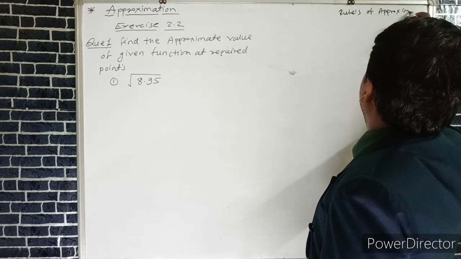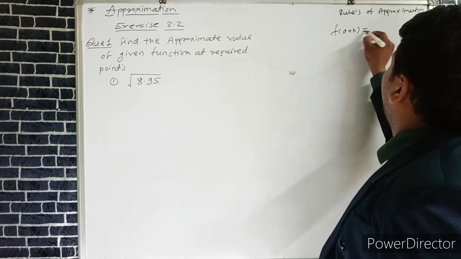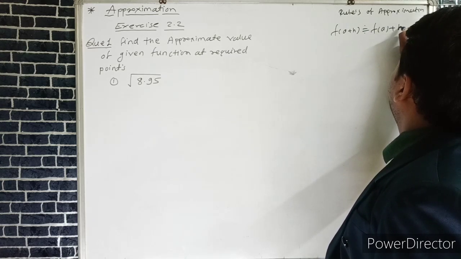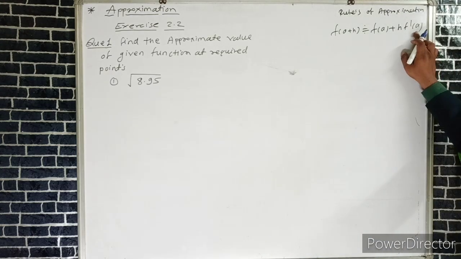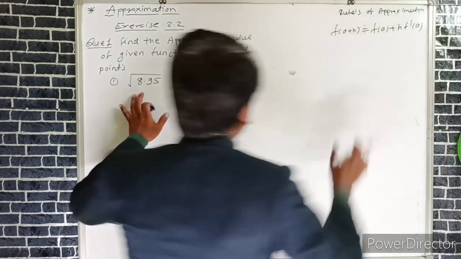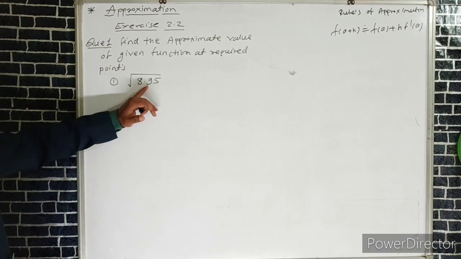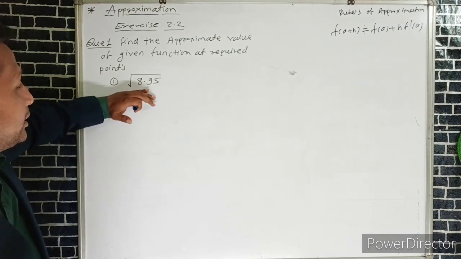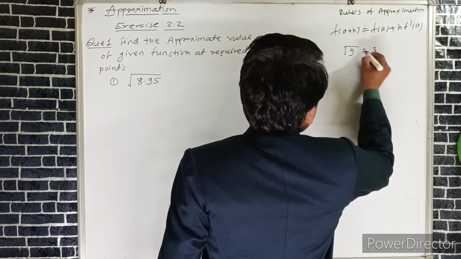we can say that f of a plus h is approximately f of a plus h into f dash of a. So here, f of a plus h means the given function. If we have to find the value of under root of 8.95, then we know its nearer value, which is 9, and the square root of 9 is 3.